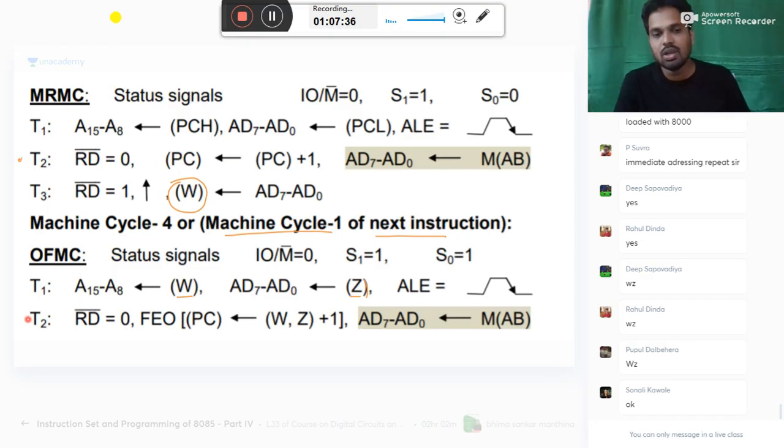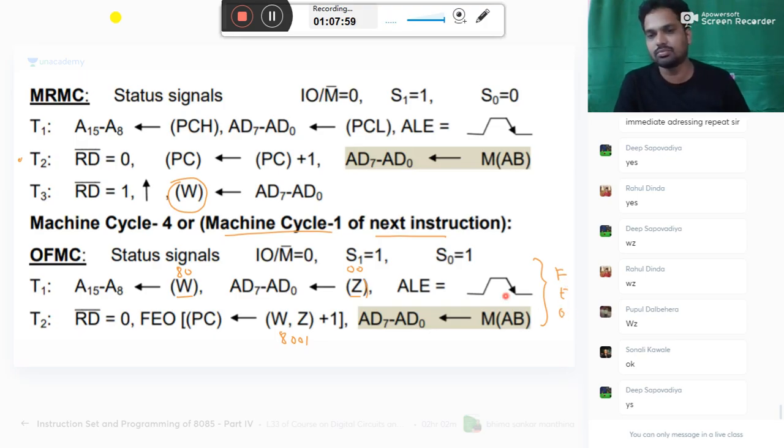During that time, PC is loaded directly with 8001. Here it is 8000, for example, and here it is loaded with 8001. Understand? This is what we call fetch-execute overlap. This is the internal happening.